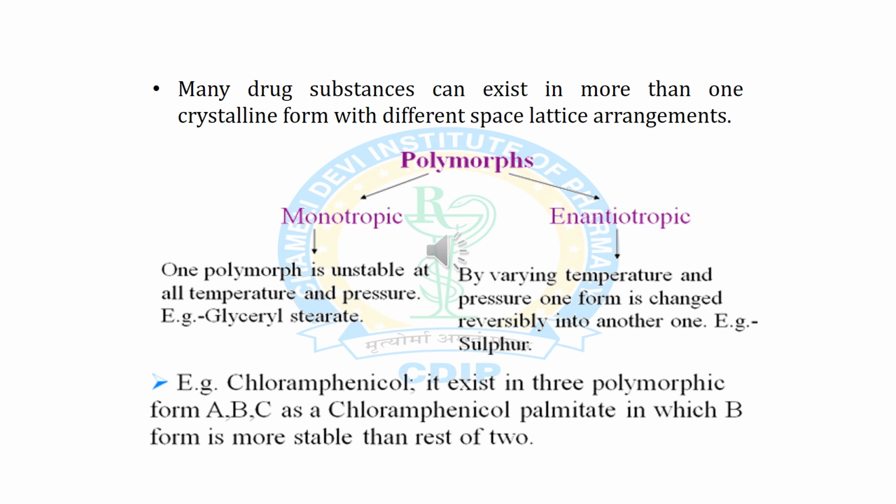Enantiotropic: by varying temperature and pressure, one form is changed reversibly into another form, for example sulfur. An example of polymorphs is chloramphenicol palmitate, which exists in three polymorphic forms A, B, C, in which the B form is more stable than the rest two forms.